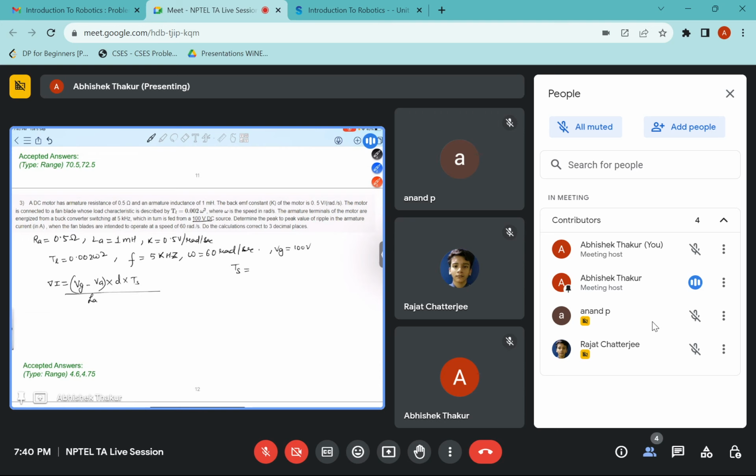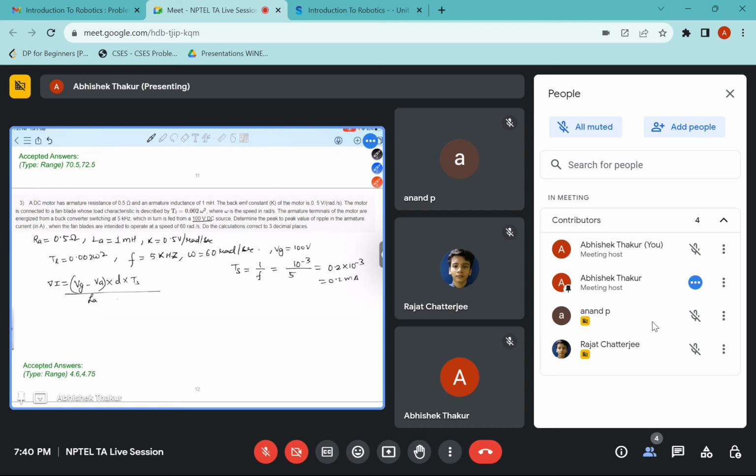So Ts is equal to 1 by F, that is 1 by 5 into 10 to the power of 3, which is equal to 0.2 into 10 to the power of minus 3, that is 0.2 millisecond.